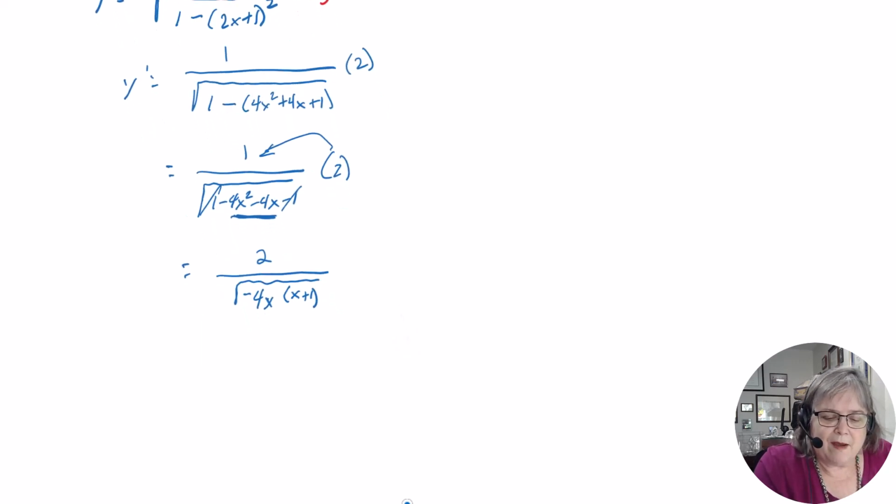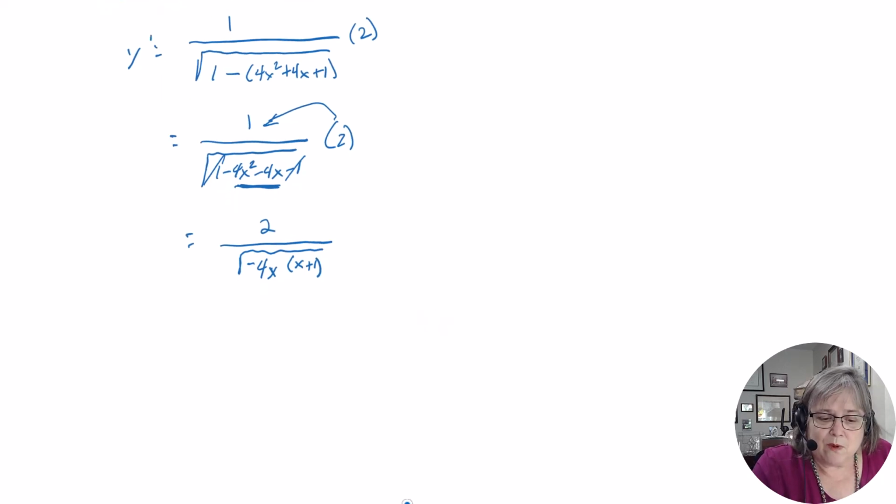Now I can't get out a -4 because, well, I could. I mean, that would be an imaginary number, but these are actually functions that we would graph, so let's not go there. But I could factor out a 4, right? So what I'd have is 2 over the square root of 4, which is 2. So I'd have a 2 out here, and my negative's still there, and I have this.